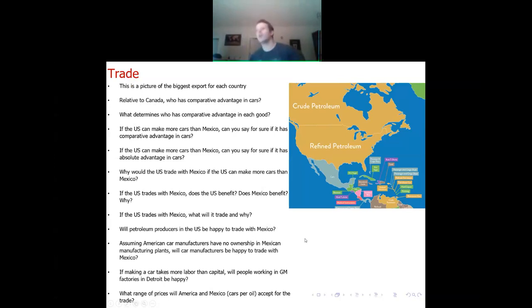Okay. So we have a map here, and this is a map of different exports for each country. I just want to run through the comparative advantage questions, but this time, instead of having the quantitative focus, let's do it all qualitatively. That way you're thinking about it not just in the math, but in terms of the real world.